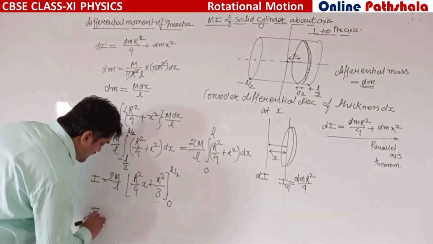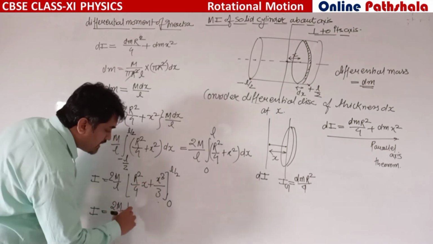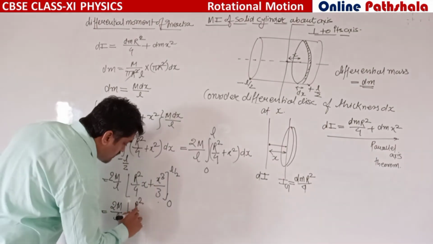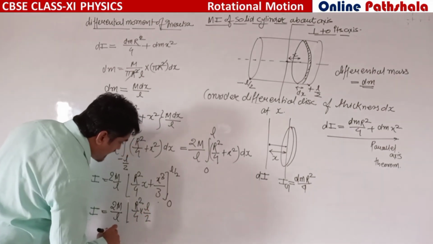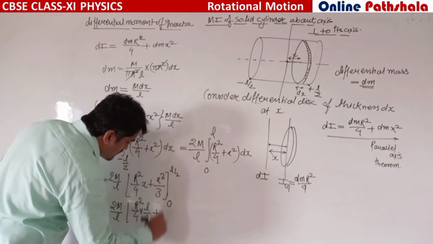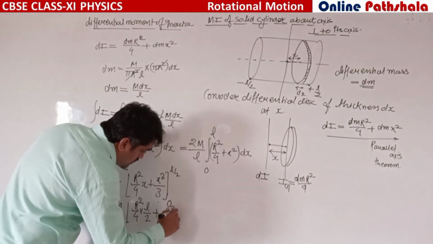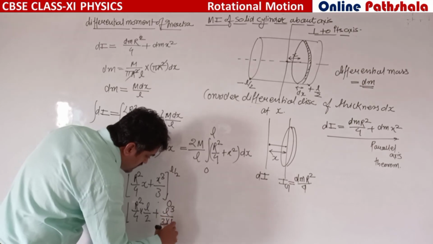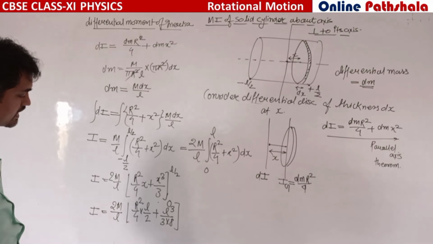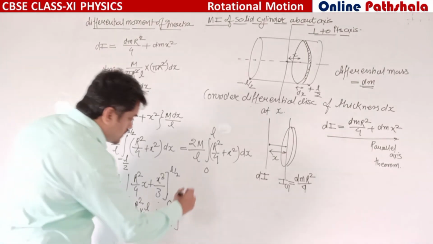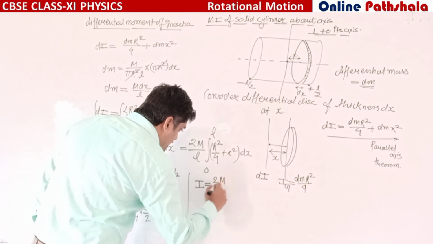So I is equal to 2 capital M by L. I am putting the upper limit: r square by 4 into L by 2, plus L cube divided by 3 into 8.